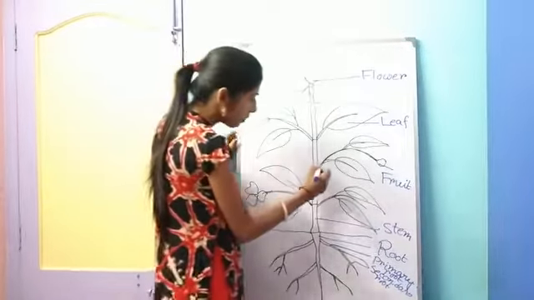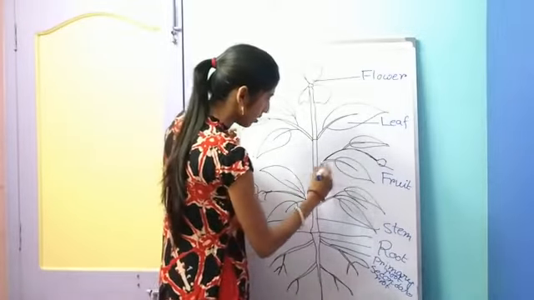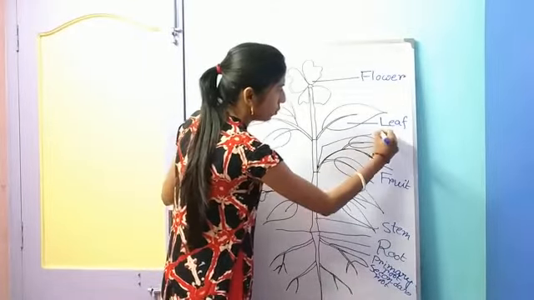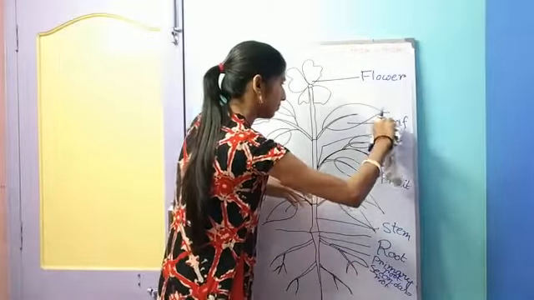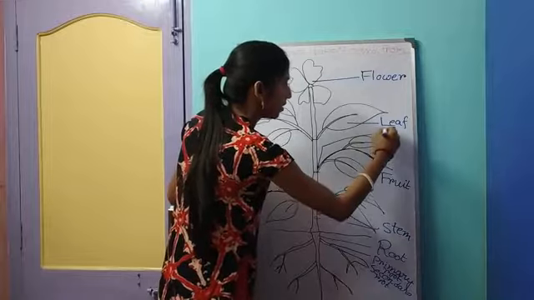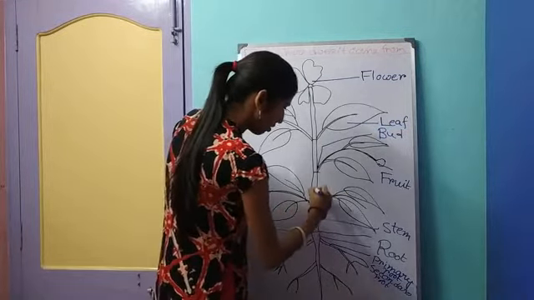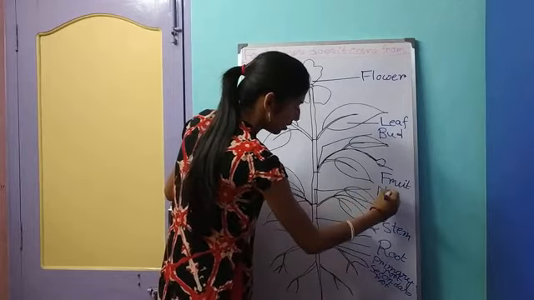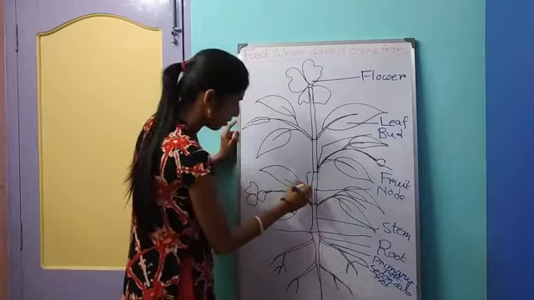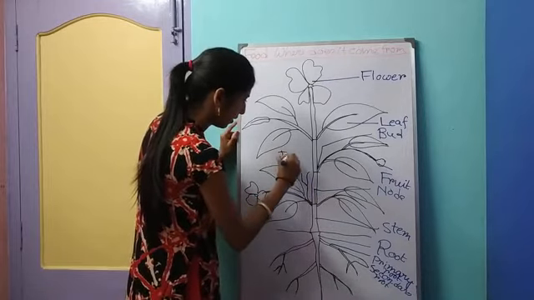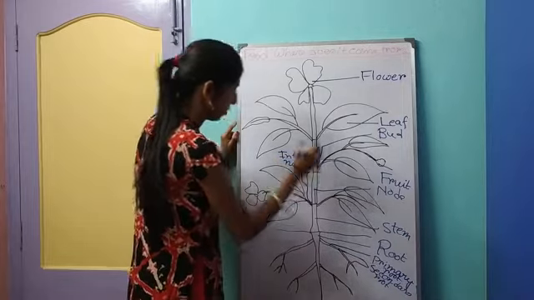So some other parts are also there. This portion is called node, that portion is called internode.